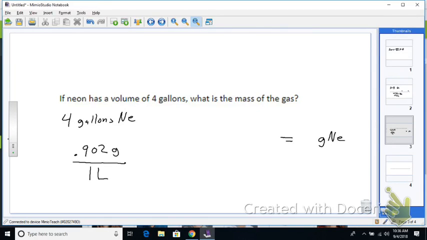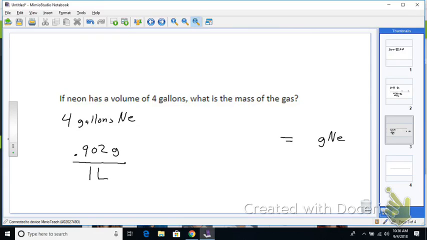So what do I need to do with the gallons then? Well, no, I'm not going to use this yet, because these two are not the same units and they won't cancel out. So I have to change the gallons to what? To liters. Okay, because this is volume in liters and this is volume in gallons, so I've got to get it in liters.